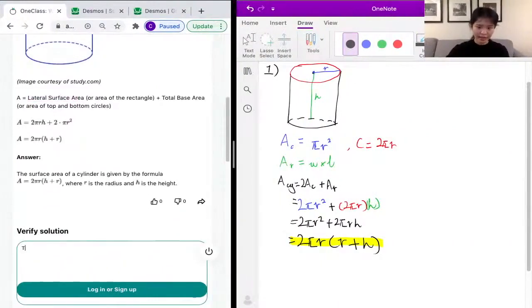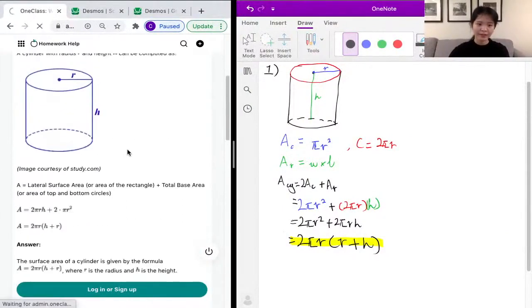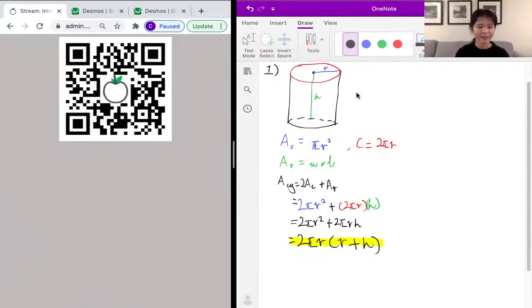So let's just say the answer is correct. Great job. Perfect. So this is our first problem right over here, finding the surface area of a cylinder.